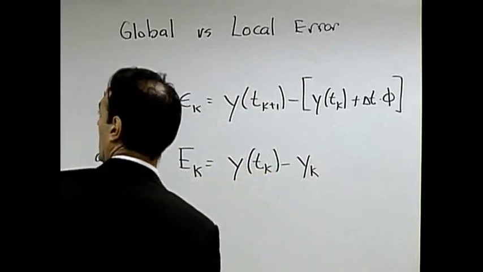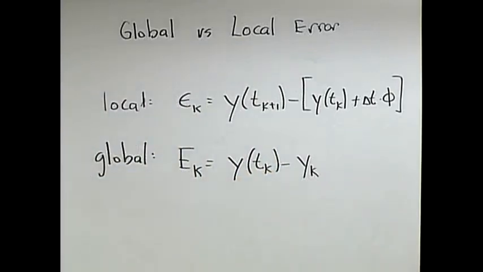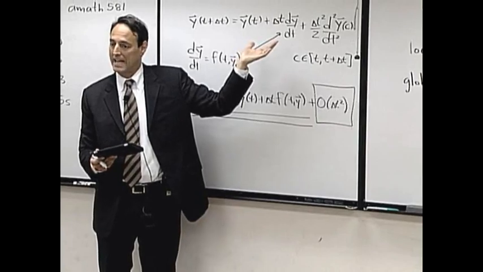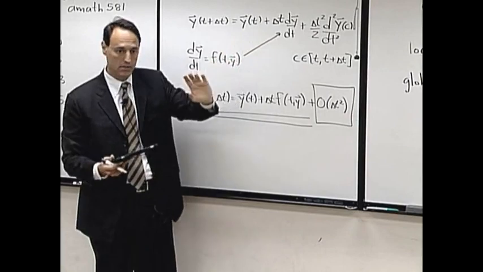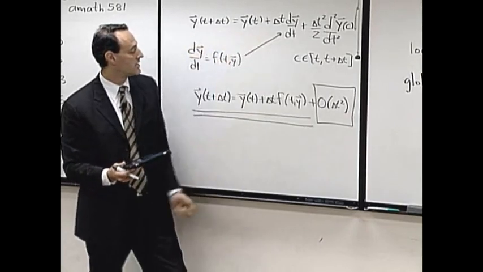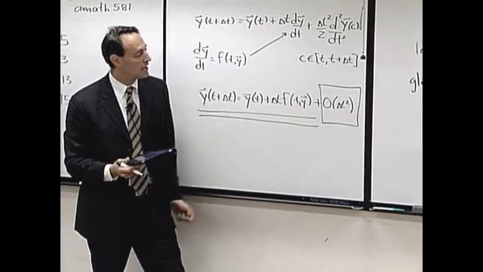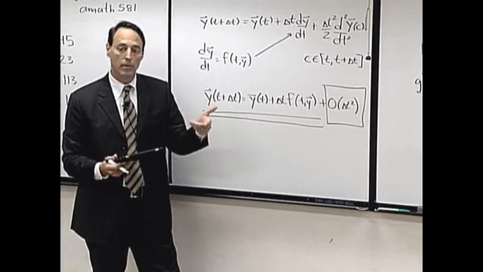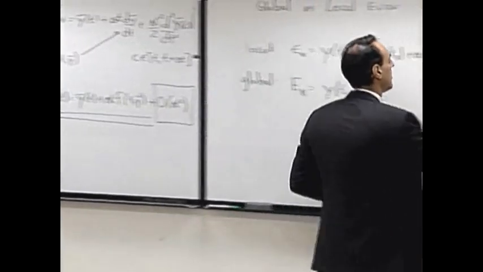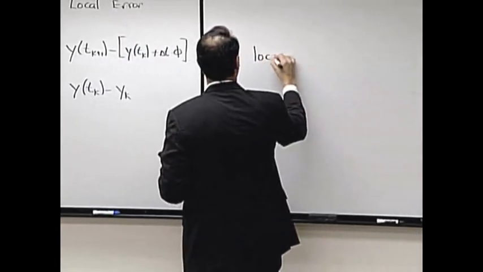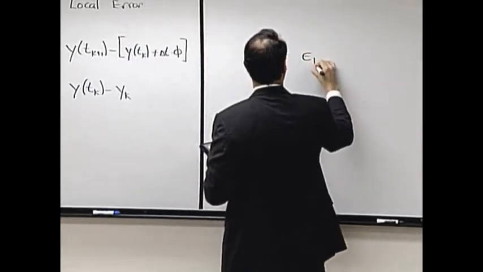Now, in the context of this simple problem here, it's very easy to understand both concepts, and we can write down exactly how these two things work and how we scale them. Okay? So let's do it for here. We're going to take this simple example here, which we got here, and we're going to calculate local and global error. Okay? So first of all, let's go to the local error, E of k.